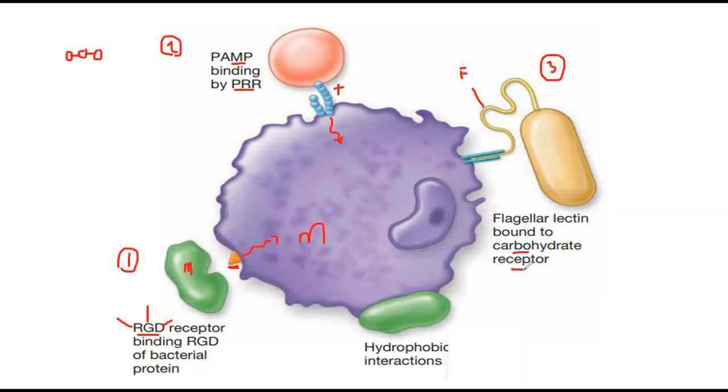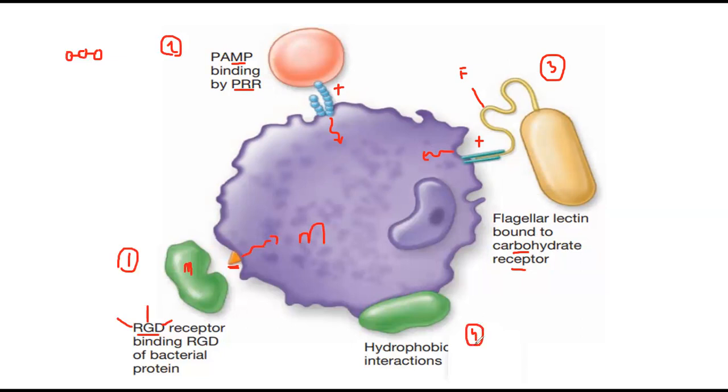These carbohydrate receptors can only detect the lectin of the microorganism that is present in the flagella. When it is detected, there is a positive signal, and the microorganism is engulfed by the macrophages.